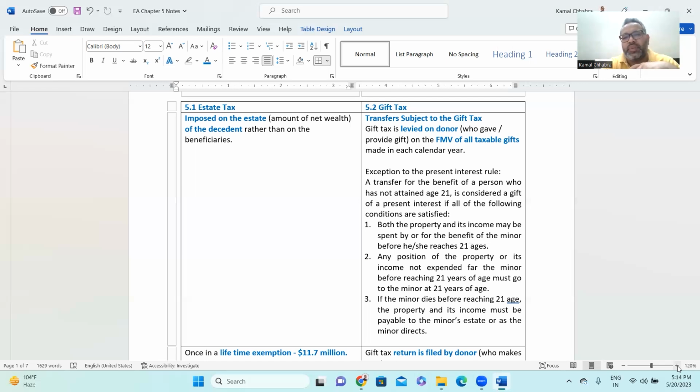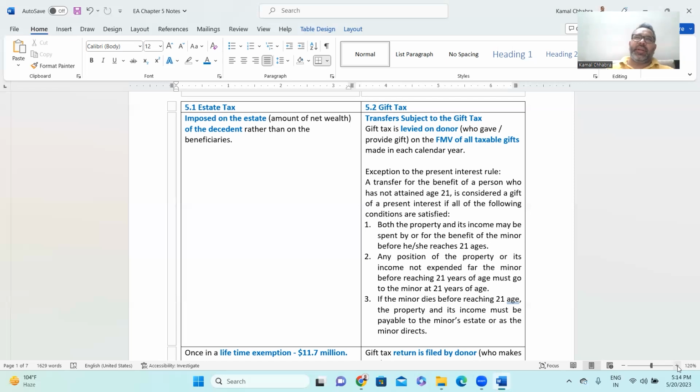Second, if you look at gift tax: what is a gift? It means one person giving something to another person. So who should pay the gift tax? It is difficult to track gifts given to third parties and collect the tax from the person receiving the gift.